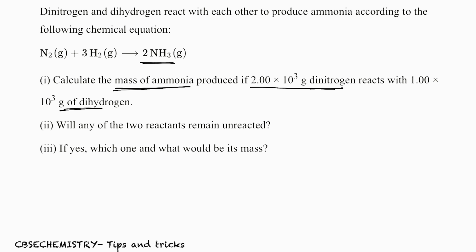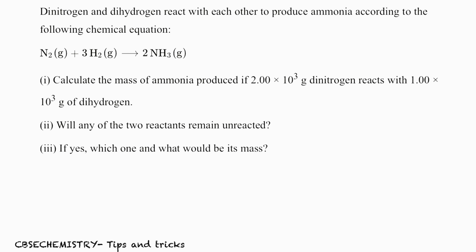So this is the key point. If they give the mass of both reactants and the question is to find the mass of the product, then you have to find the limiting reagent. Then only you can find the mass of the product. Hope all of you understand.